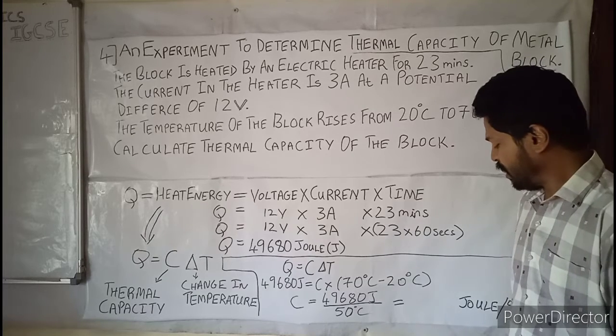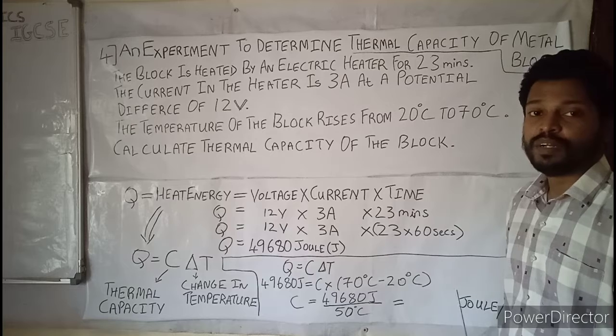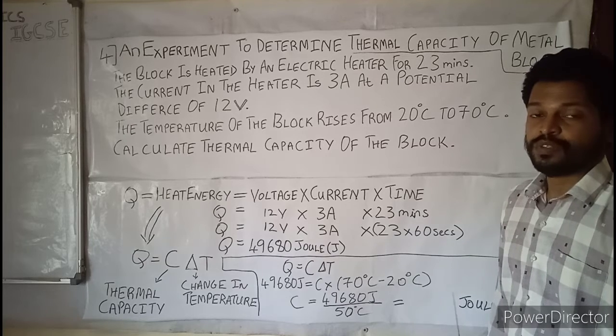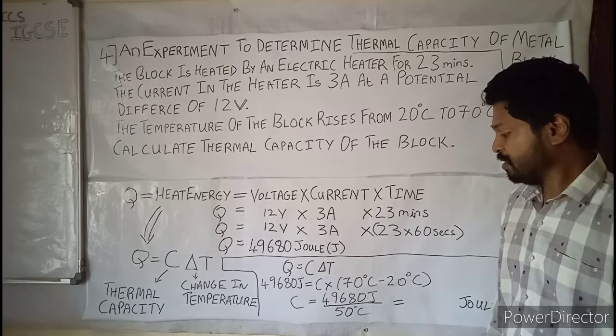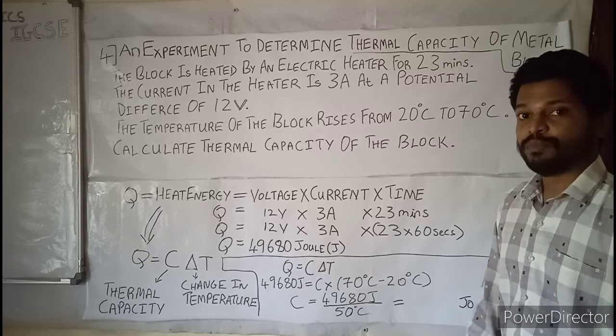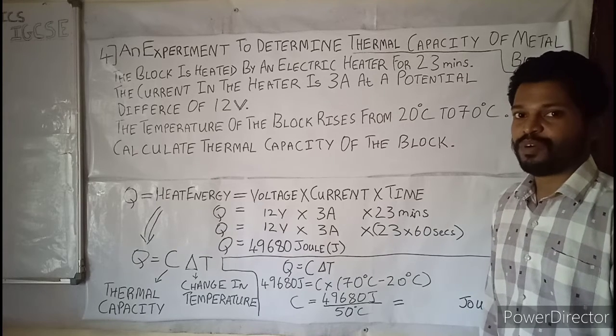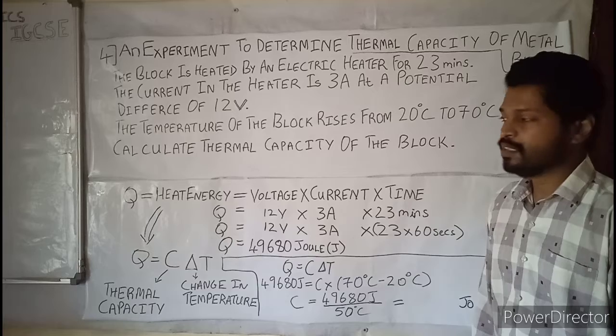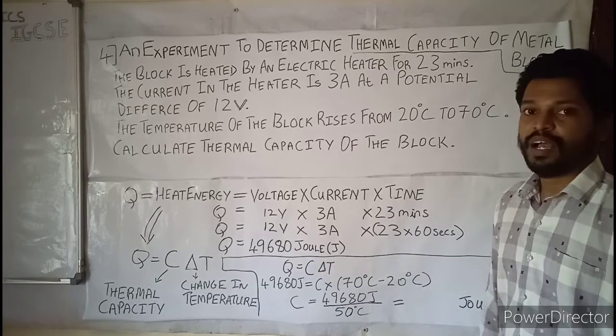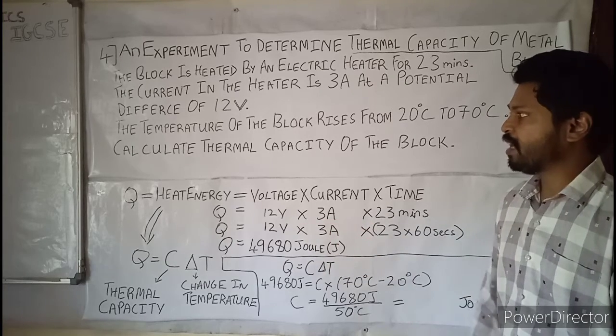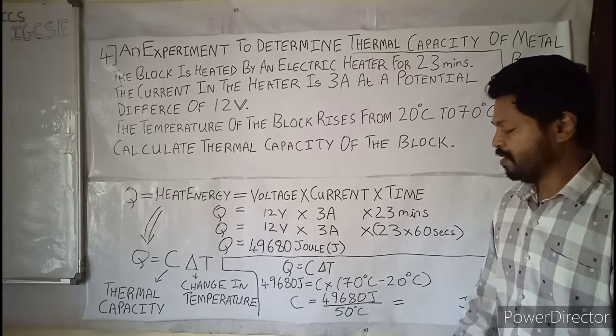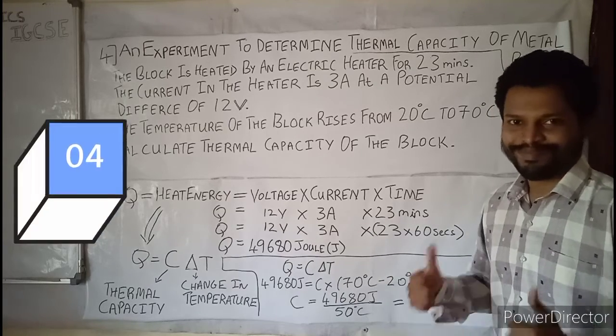Once you divide, you will get the answer in joule per degree Celsius. Once you calculate this, you will get the thermal capacity of the metal block. So this is what we have answered, and you can easily calculate the thermal capacity of the block using this. Thank you so much.